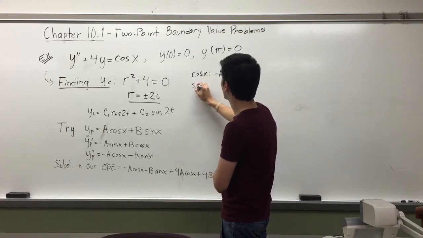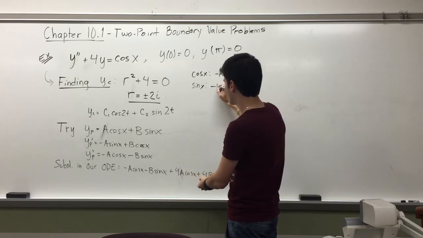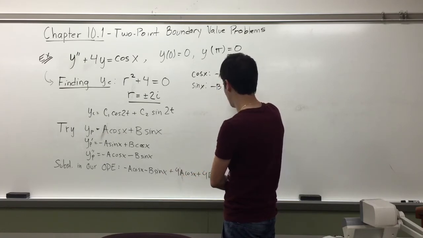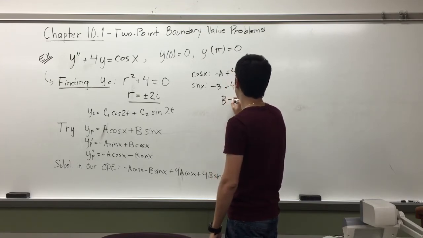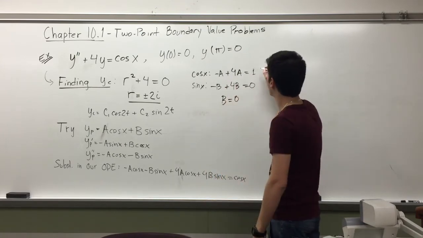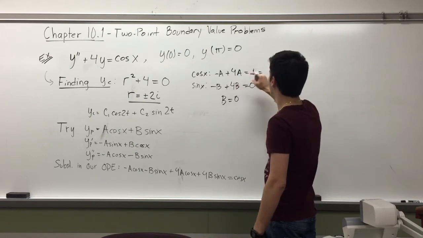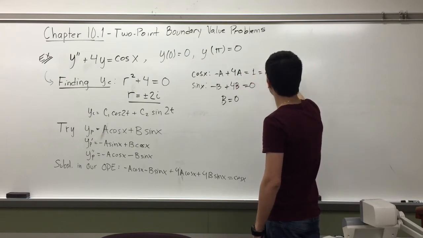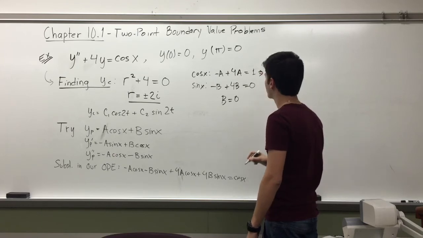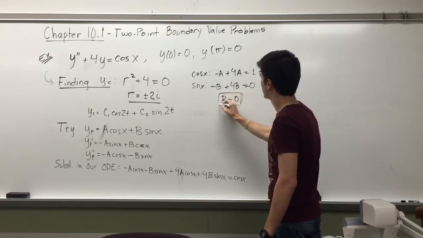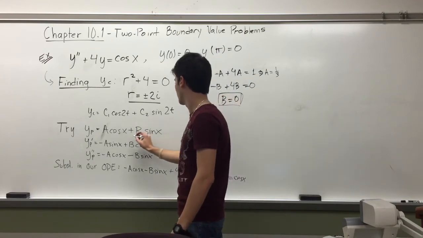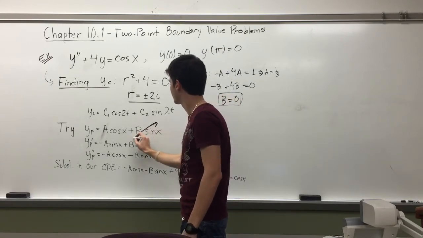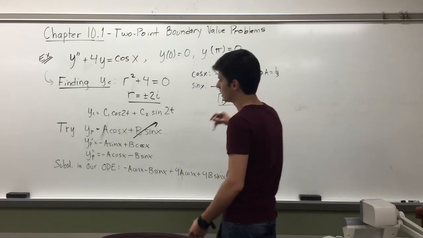And then our sine of x terms, we have negative b plus 4b is equal to 0. So here we have b is equal to 0 and 3a is equal to 1, so a is equal to 1/3. Alright, so if b is equal to 0, this term is going to vanish and a is going to be 1/3.